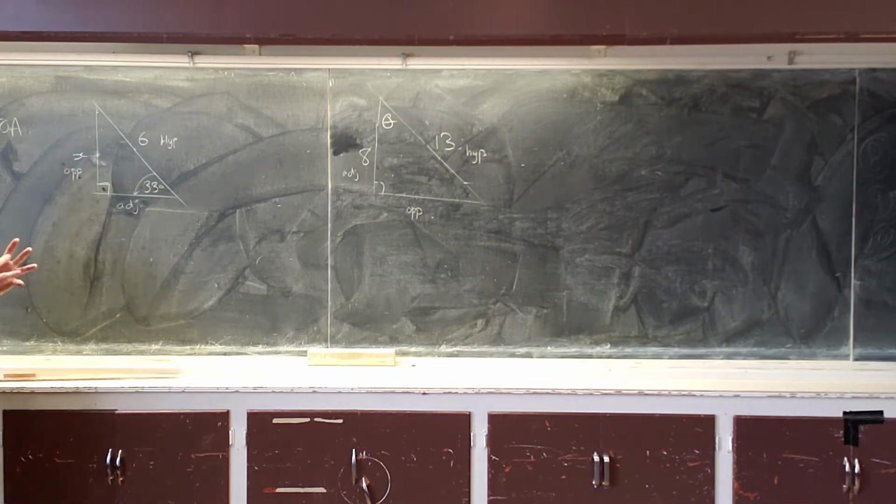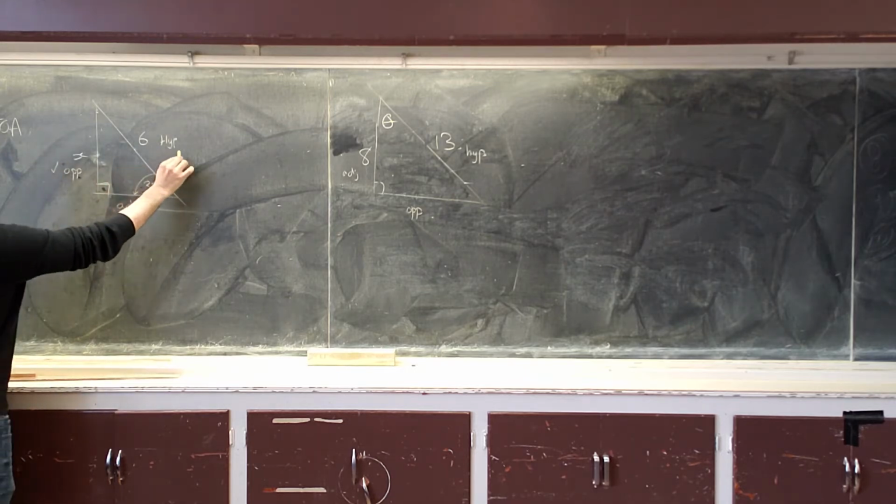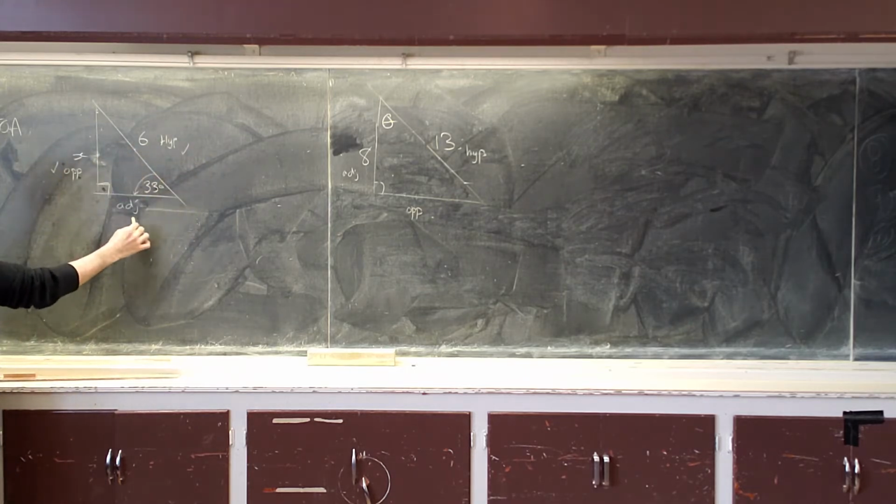So from there, step 2. Which of those three sides do you want to use, and which of those three sides do you not want to use? You have to establish that. And just give me a quick reason why. I want to use opposite and hypotenuse because I have a variable for one and a number for one. And this one is useless because we don't know anything about it.